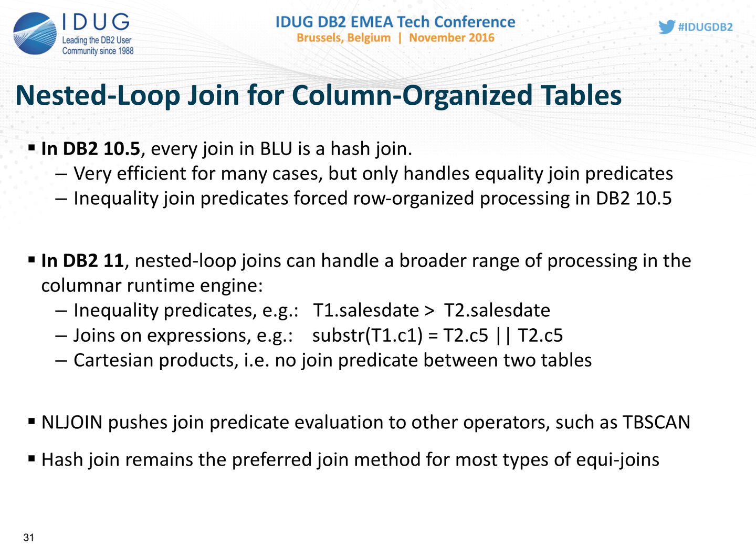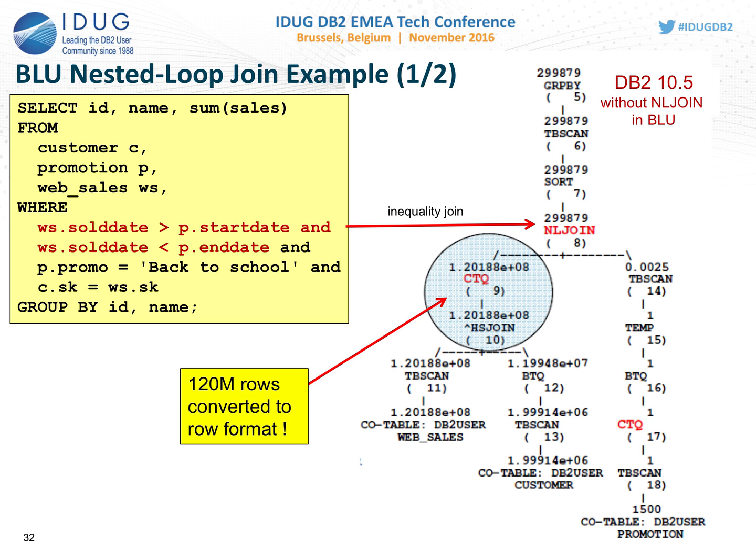And we have an example here, one query where you see the join predicate in red. It's a greater than and a less than for this join.